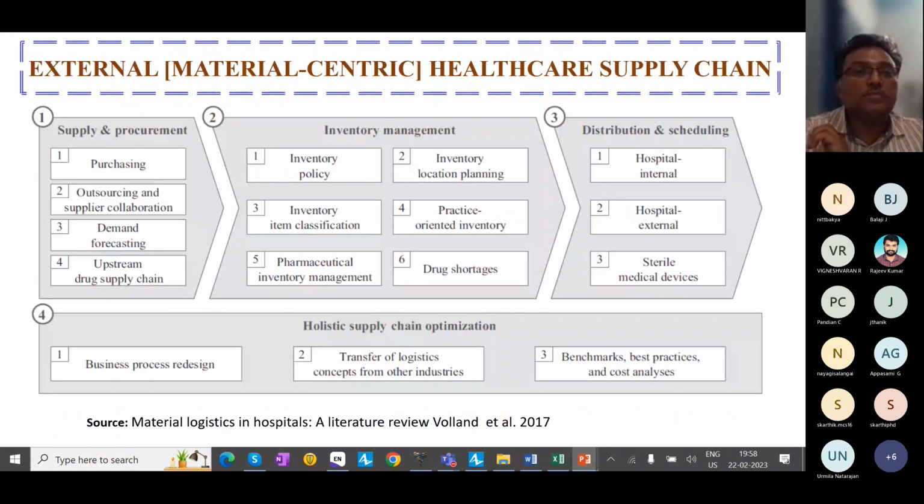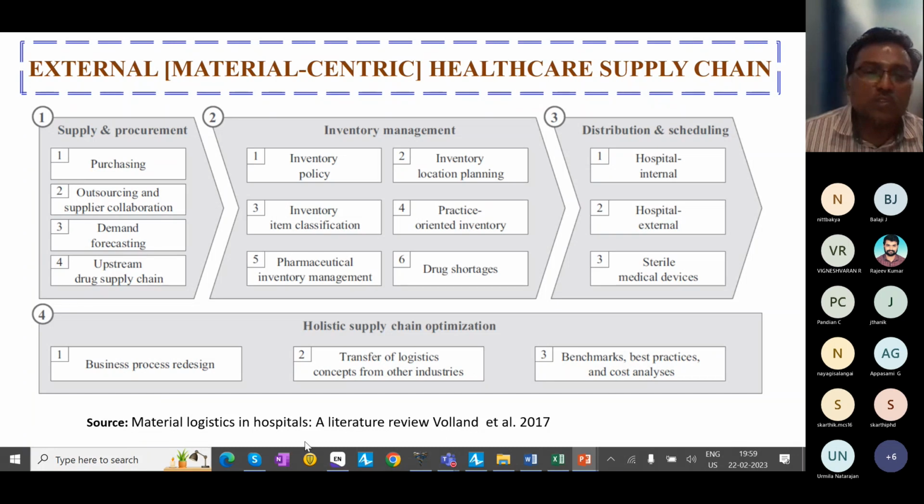So with this introduction, I am going to highlight what are the issues that are available in healthcare supply chain. So please try to understand healthcare supply chain. It has got two parts: the external material-centric supply chain and the internal patient-centric supply chain. The material-centric supply chain consists of three major parts.